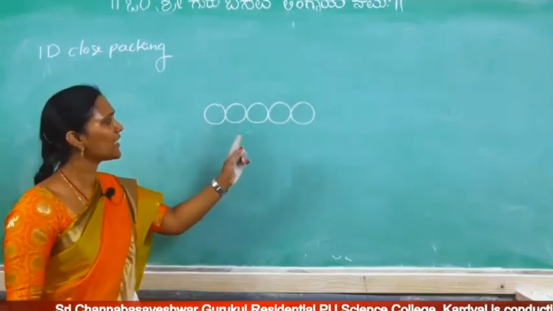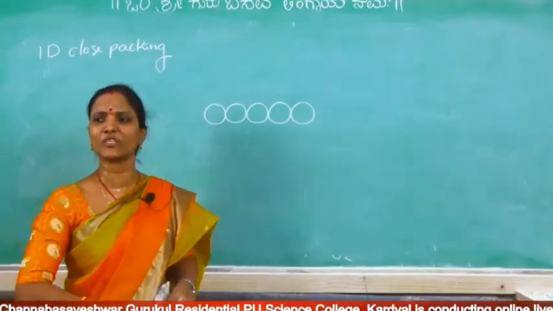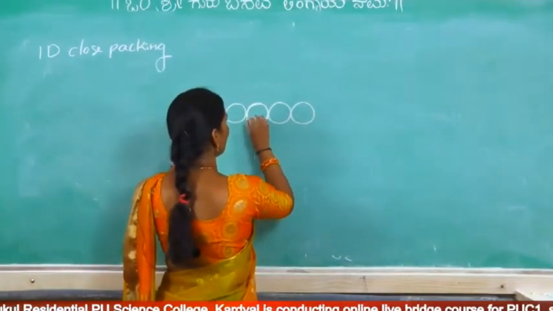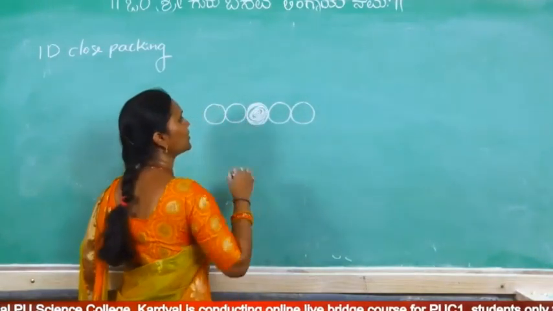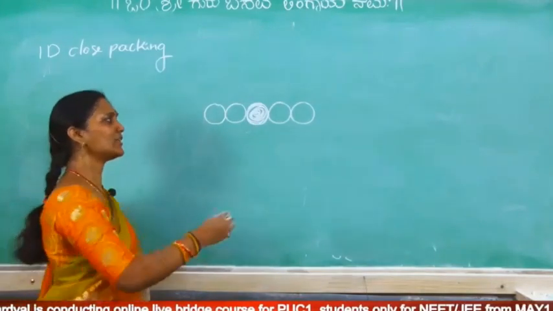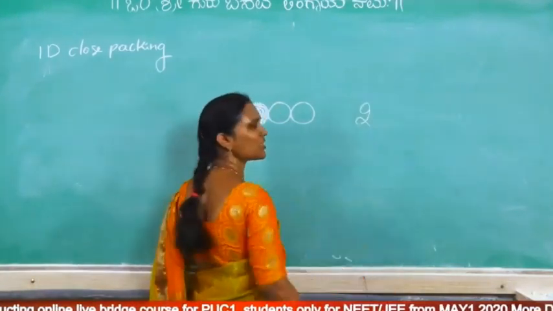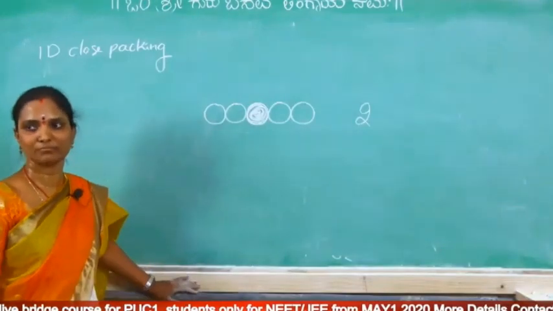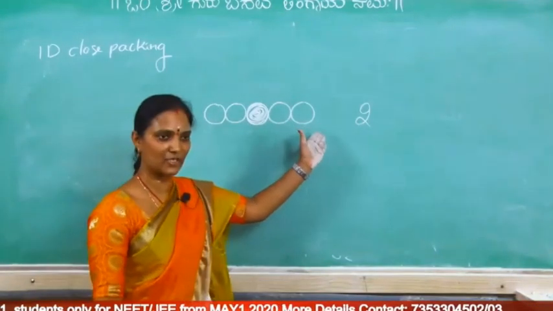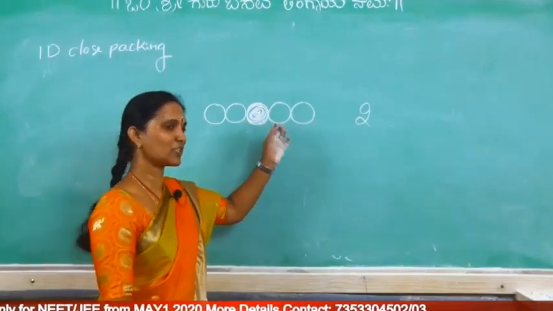In this 1-dimensional close packing, what is the coordination number of each sphere? Leave these corners. For example, this one we are considering. It is surrounded by how many? 2. So the coordination number is 2. That's it. All particles are arranged with coordination number 2.